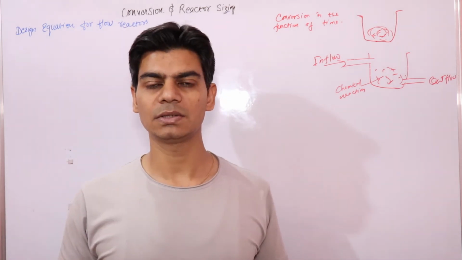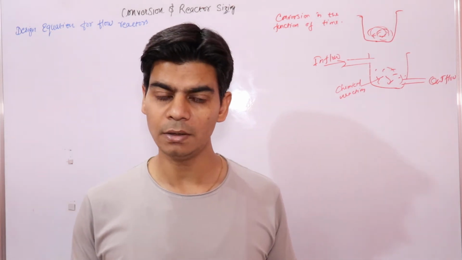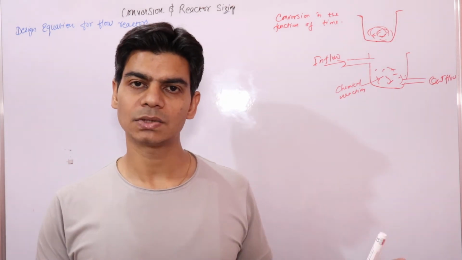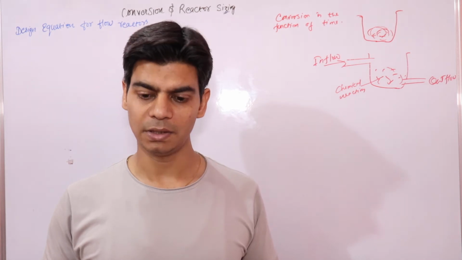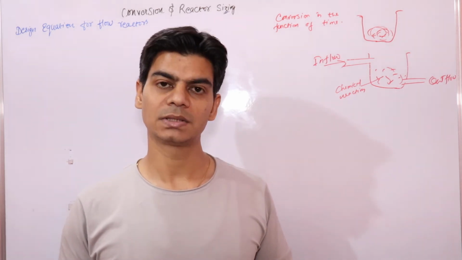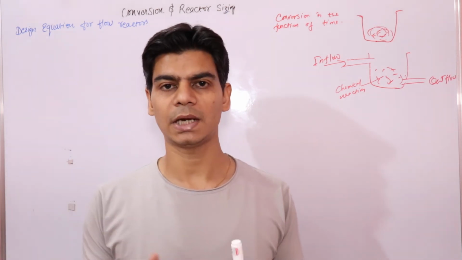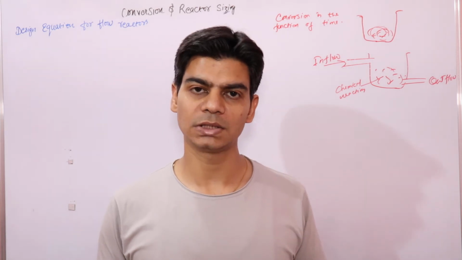By increasing the size of the reactor, we mean we increase the volume of the reactor. So here conversion depends on the volume of the reactor, right? The more the volume, the more the conversion, because the more the volume, the more time these reactants are in contact with one another, so conversion would be high.